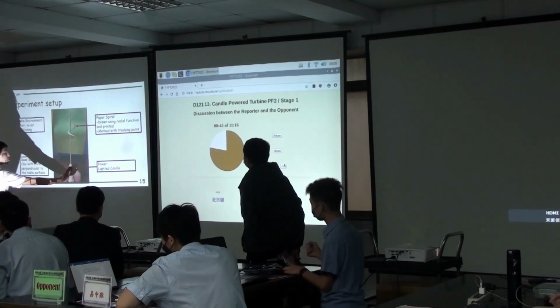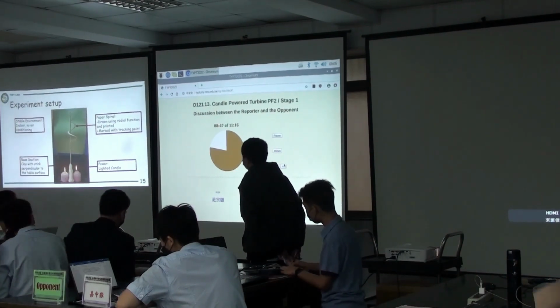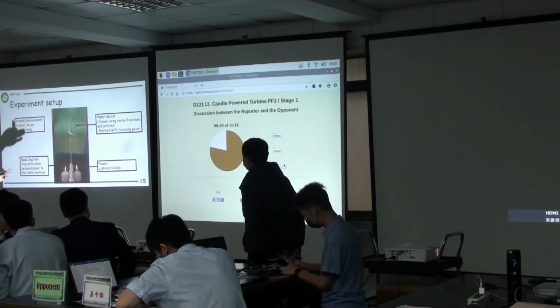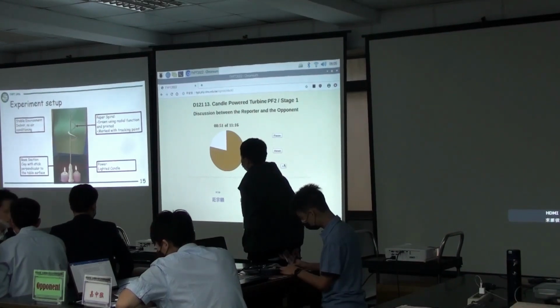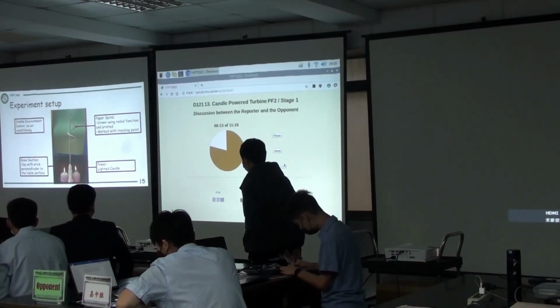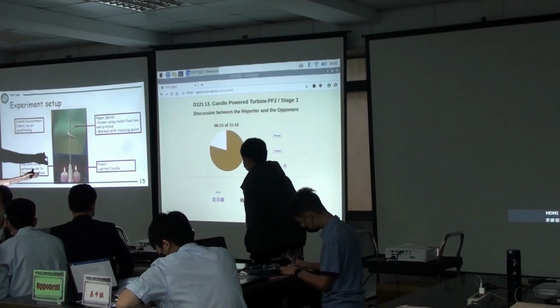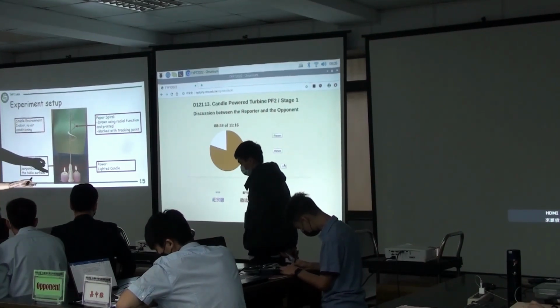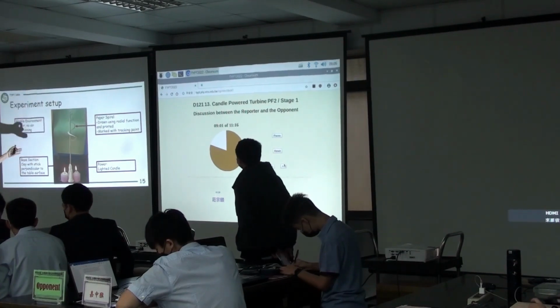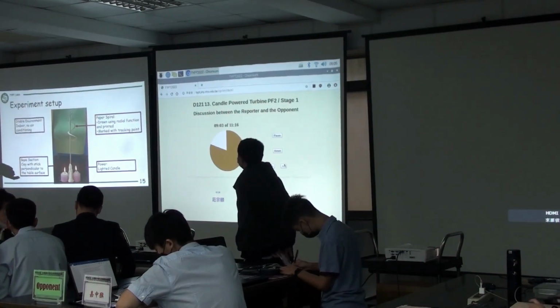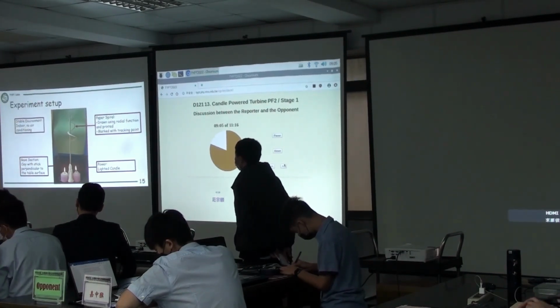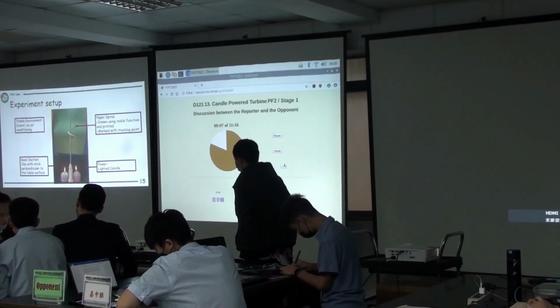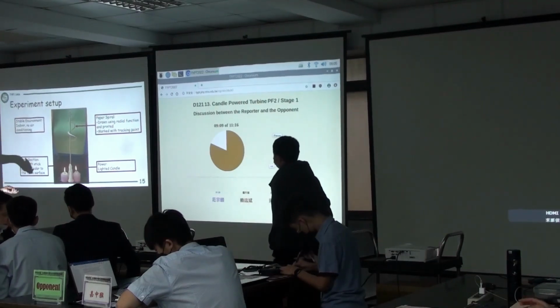If we only use one candle, the airflow will not be balanced on the horizontal component. Although with 2 candles there will be resonance caused by the airflow, we still think it's better than 1 candle because it has a better symmetrical characteristic, so it will be more stable.